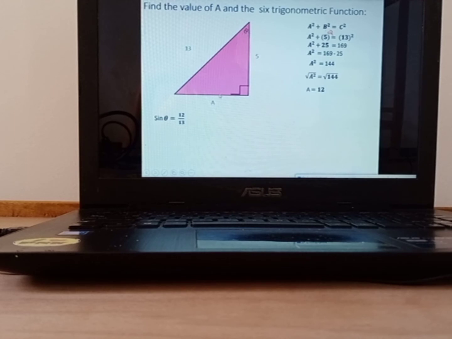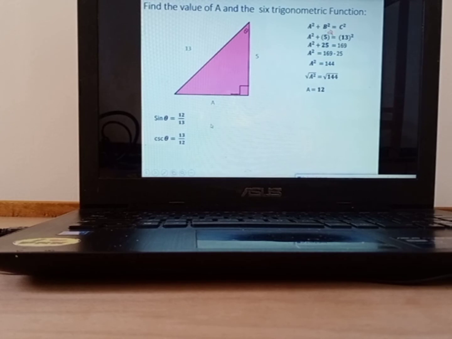Opposite is 12 and our hypotenuse is 13. Therefore, sine theta is equal to 12 over 13. And next, for our cosecant theta, get the inverse of our sine function, which is 13 over 12.